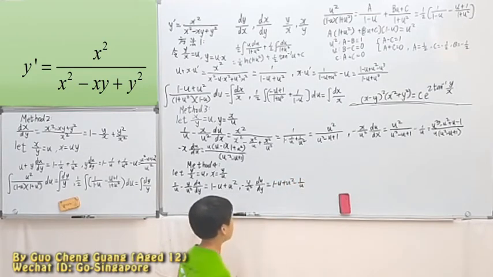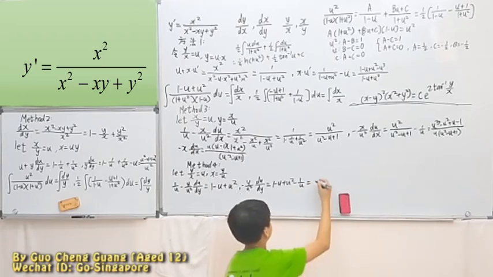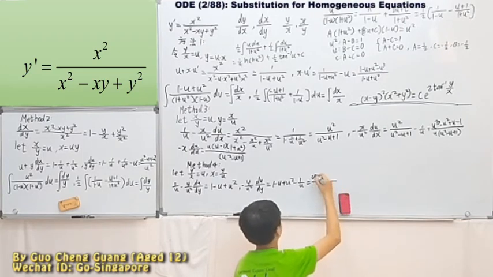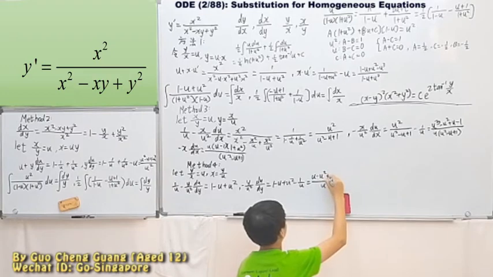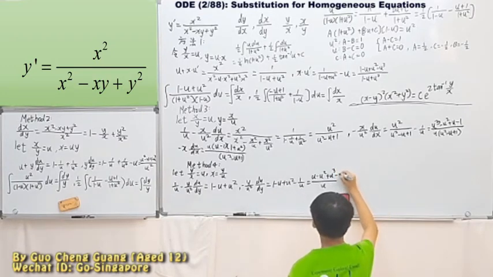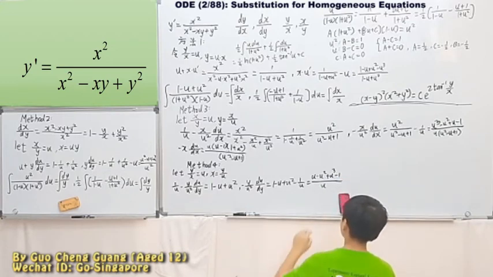Then it becomes like this. Now what happens here? You still have the common denominator. Like this. You get something like this.